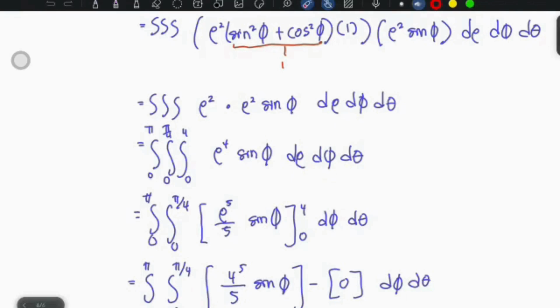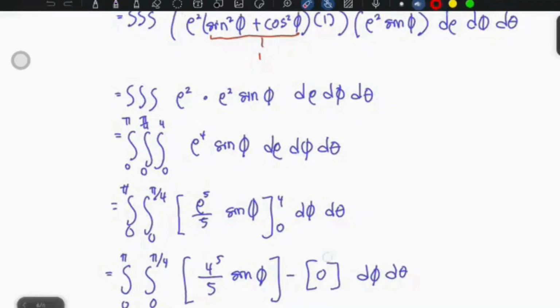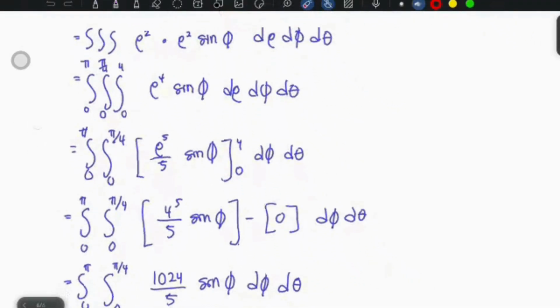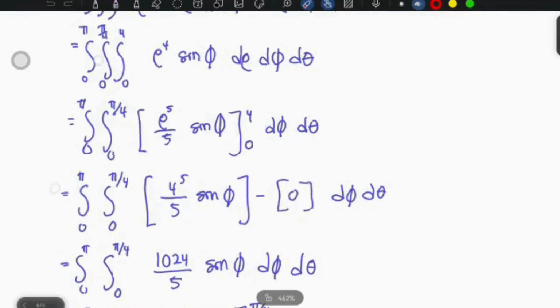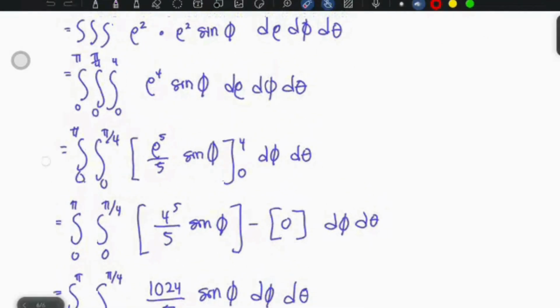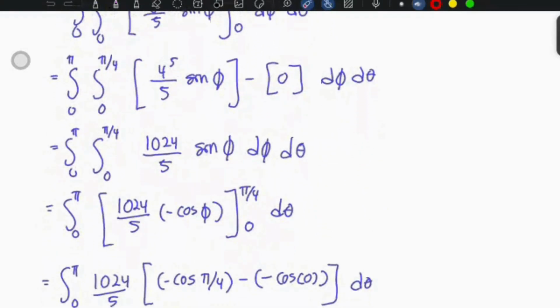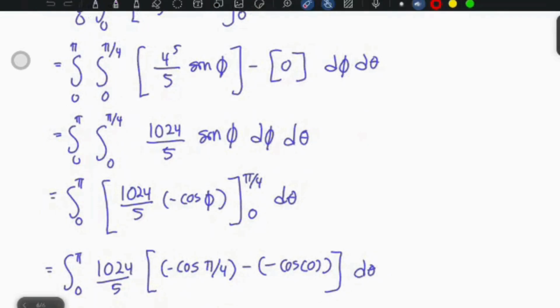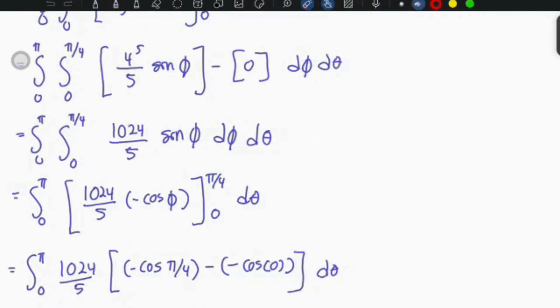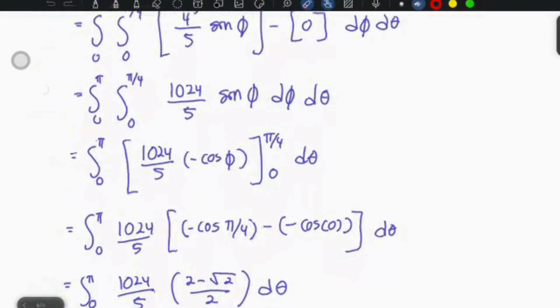Then for theta it is pi to 0. So we integrate the first integral, which is rho, and we get 1024 over 5 sine phi d phi d theta.